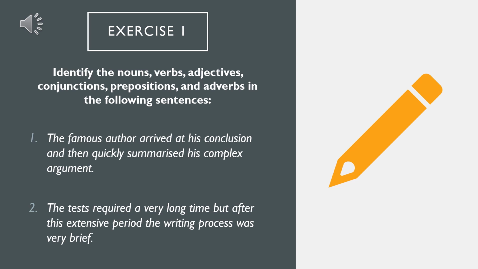The sentences are: 1. The famous author arrived at his conclusion and then quickly summarized his complex argument. 2. The tests required a very long time, but after this extensive period, the writing process was very brief. Don't forget to pause the workshop, because on the next slide, I'll run through the answers and some explanations.